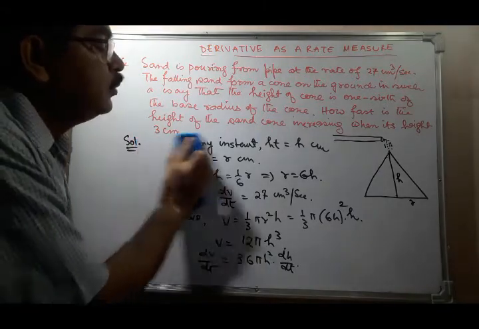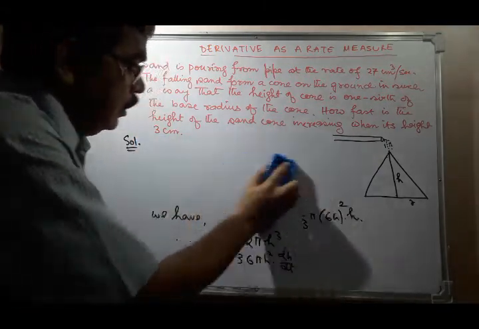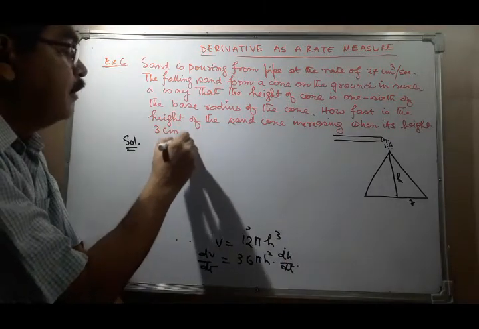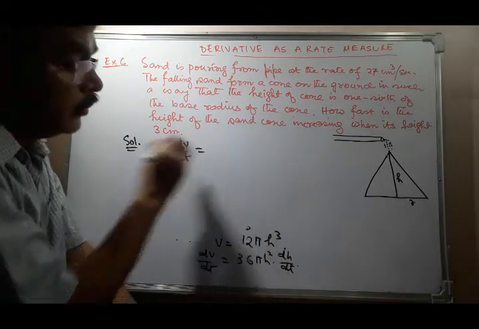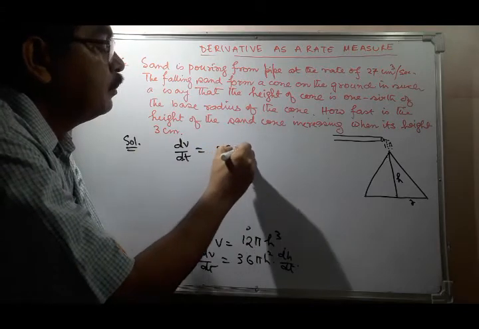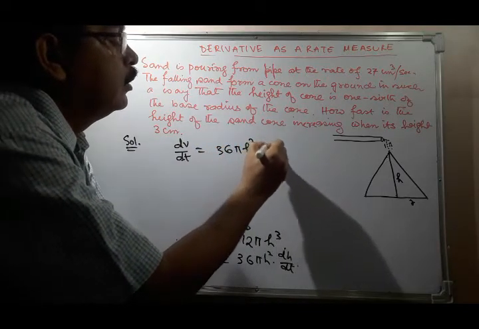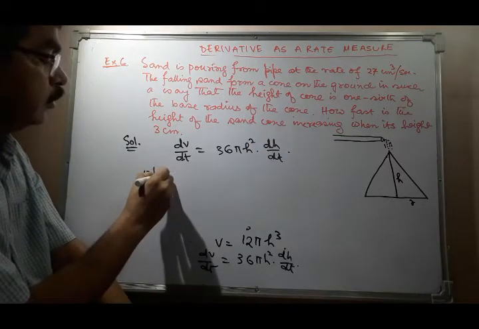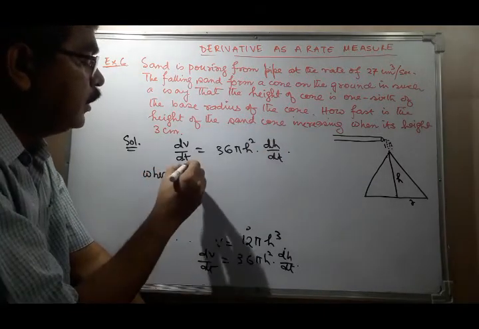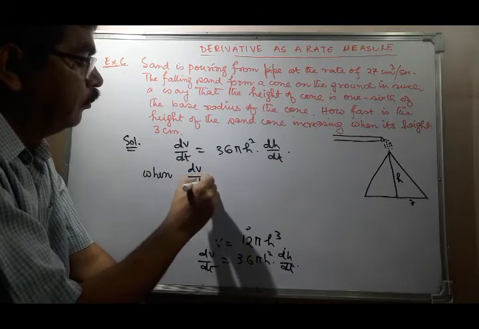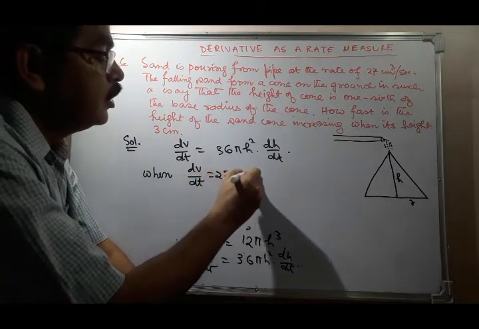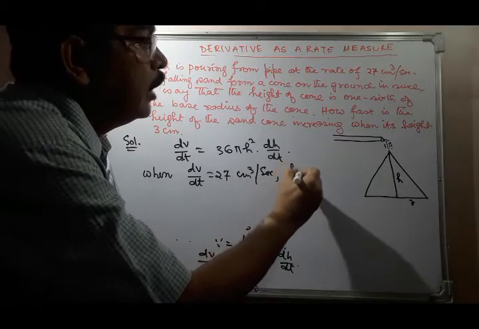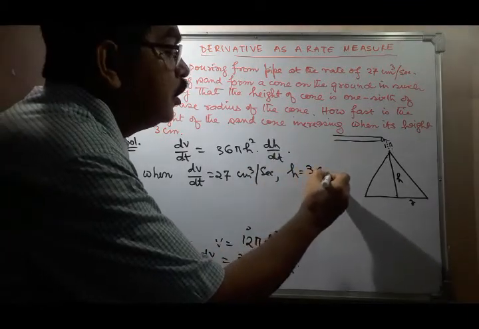We are starting from the top again. So we have dV by dt equal to 36 pi h square dh by dt, when dV by dt equal to 27 centimeter cube per second. At that time h equal to 3 centimeter.